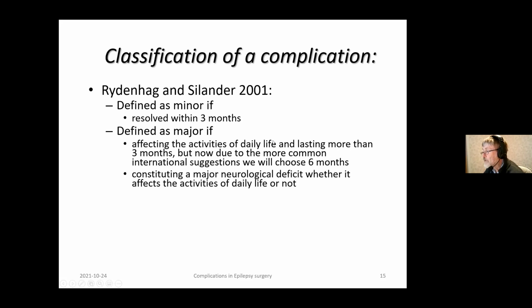But now there are more common international suggestions, and we choose 6 months. And if the deficit was constituting a major neurological deficit, whether it affects the activities of daily life or not.